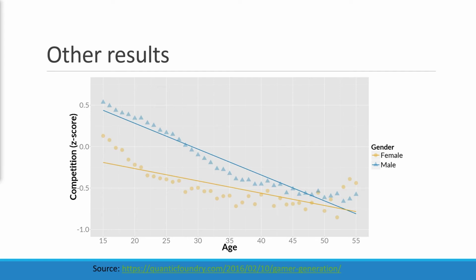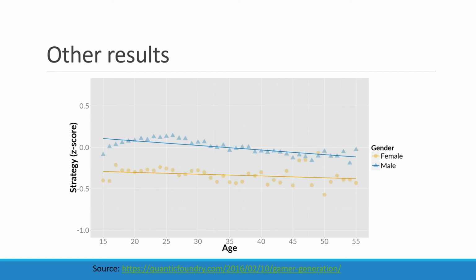Speaking of which, here's a graph of how people respond to the strategy motivation as a function of age and a function of gender. And again, very interesting because we see a very different profile curve. Again, slightly higher towards the younger age group, but not really that much, right?